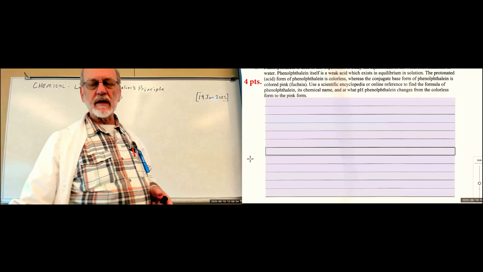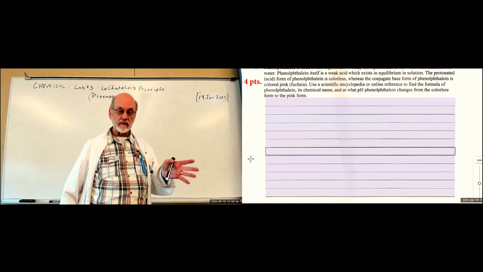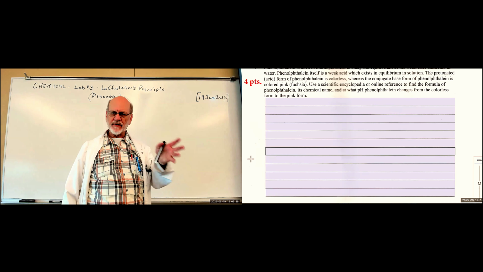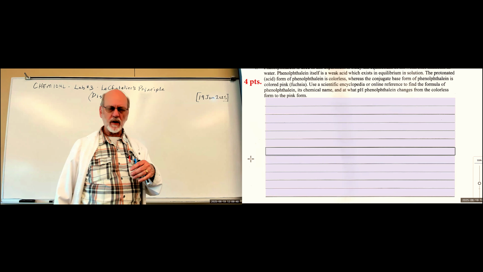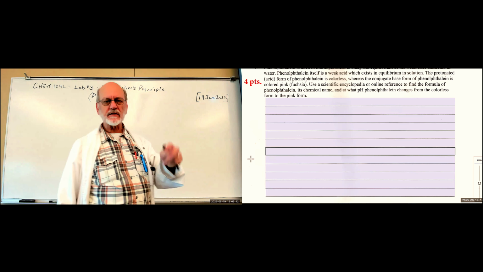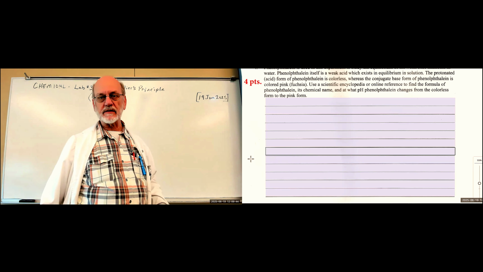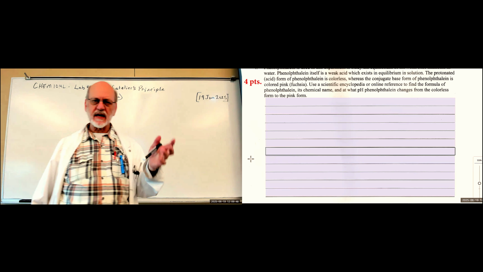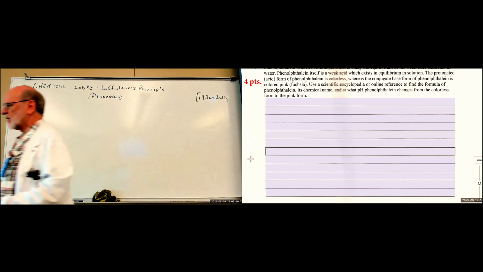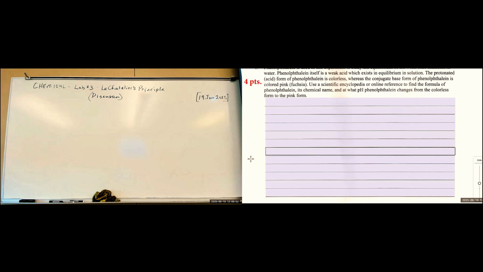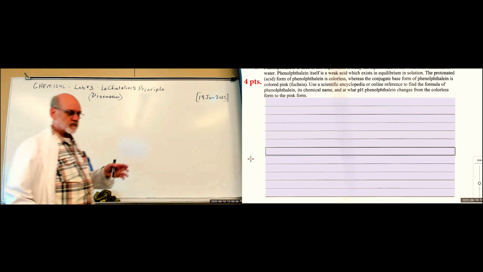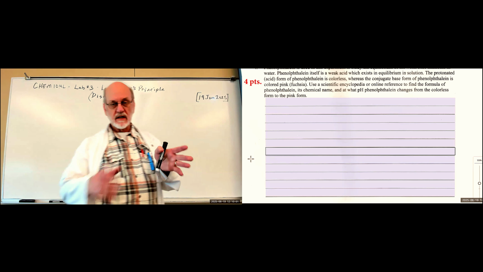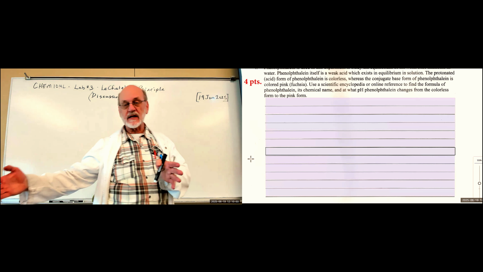Now, you don't have to turn it in at the end of the lab unless you want to. If you want to take some time to think about it and work on it, then you can turn it in the next time we come in for the next lab, number 4, which should be the Ka of acetic acid. Actually, LeChatelier will be next Thursday, and then the following Thursday will be Ka of acetic acid.